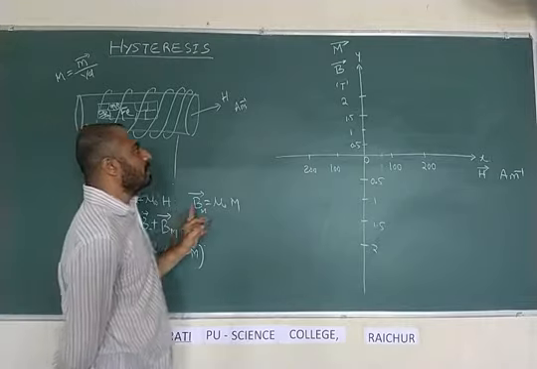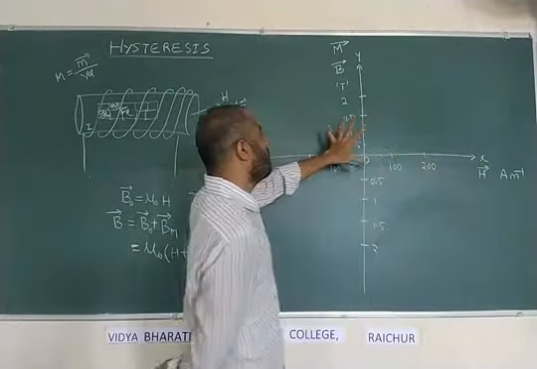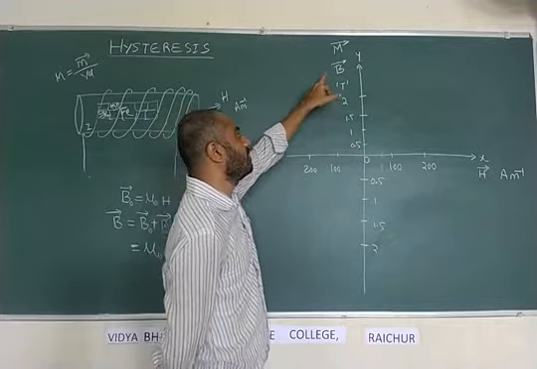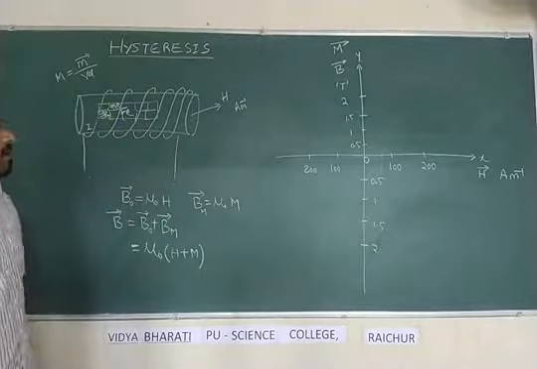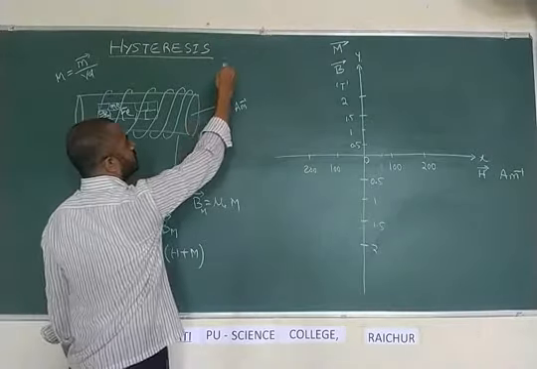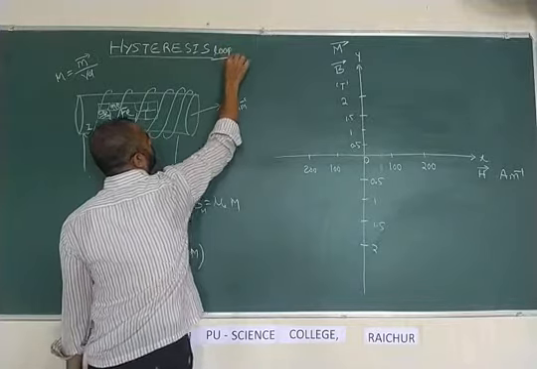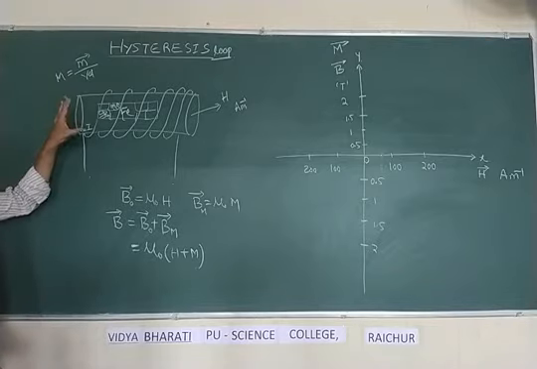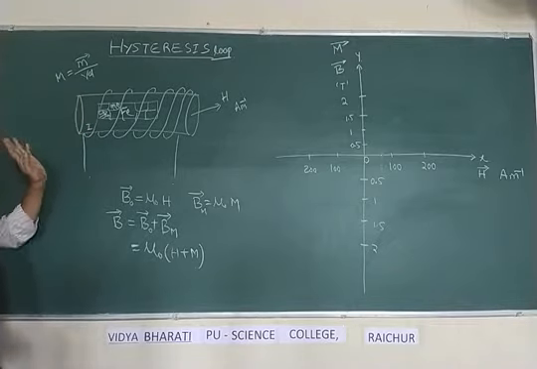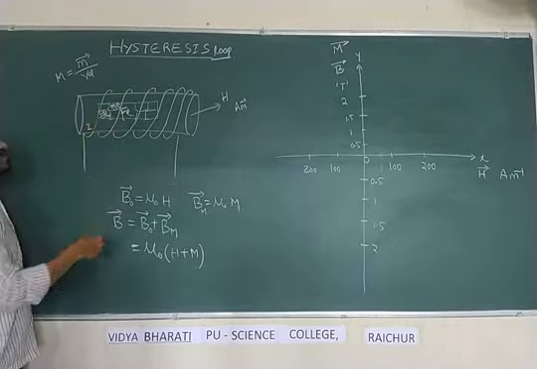Now we have plotted this B versus H. That graph obtained by plotting B versus H is called a hysteresis graph, or hysteresis curve, or hysteresis loop. Okay, let us start to magnetize this iron. Initially, in the beginning, make the current 0 through all the turns of the solenoid.